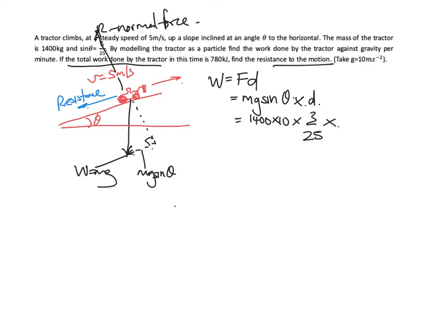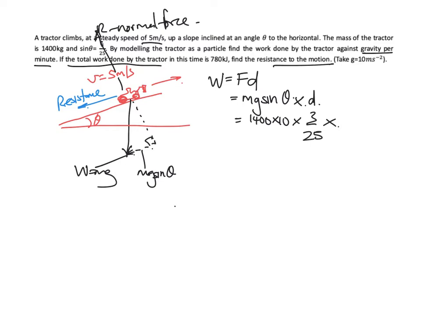We have to find what is the distance that it has traveled. If you read the question, it says find the work done by the tractor against gravity per minute. Per minute.